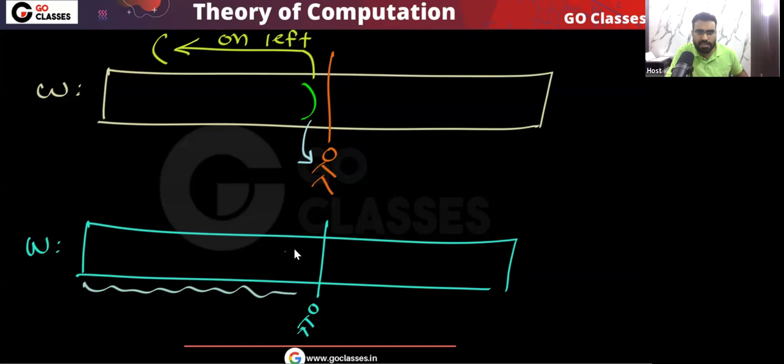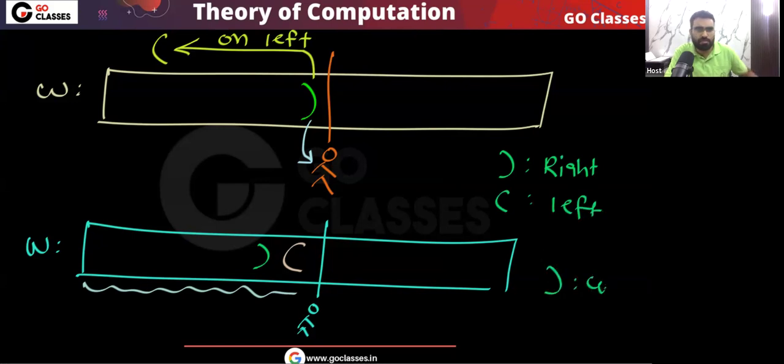here you can have open parenthesis, no problem. But if you have a closed parenthesis, or I can call it a right parenthesis, and this I can call a left parenthesis, or closed and open, then definitely there will be an open parenthesis somewhere.